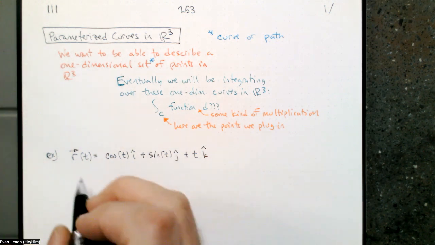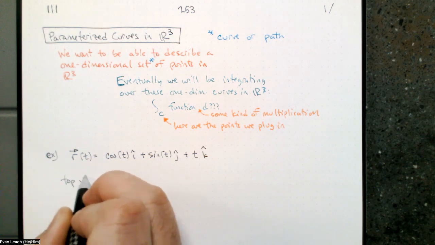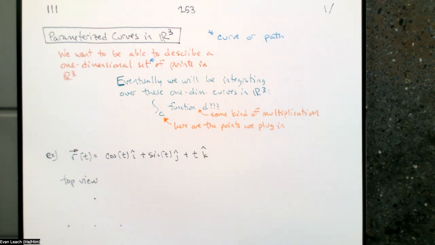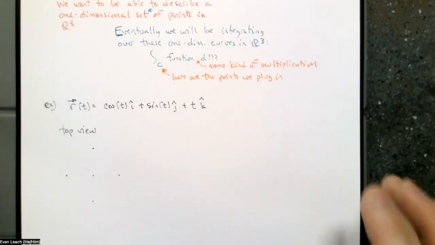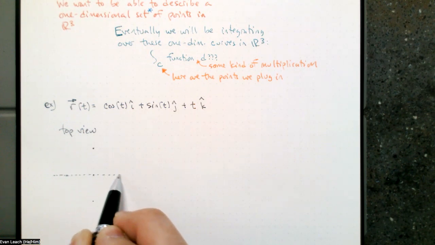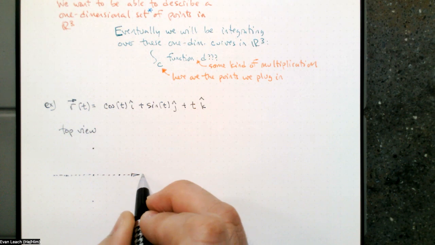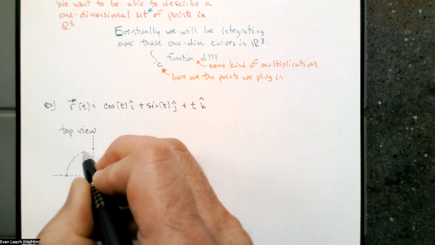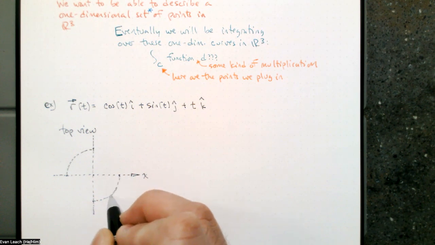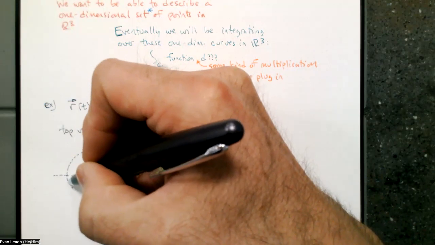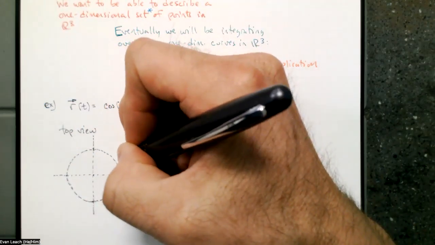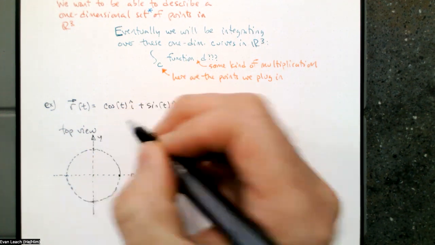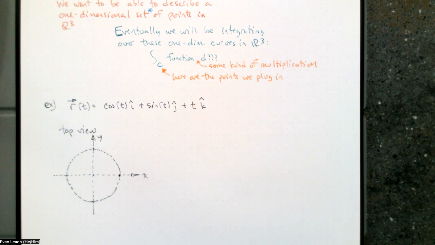Let's look at this from different views. So in the top view, we're not going to be able to see what's going on with Z. In the top view, we can't see the Z, so we're just going to see a circle.